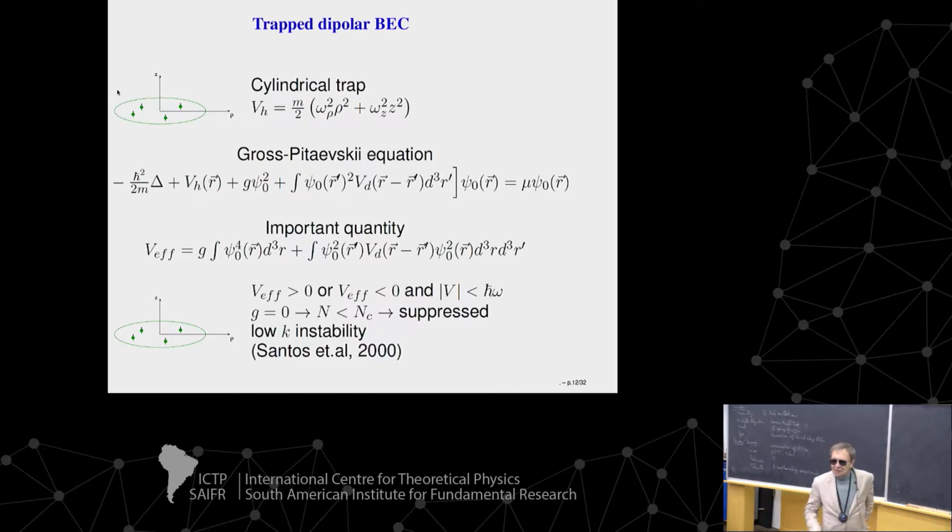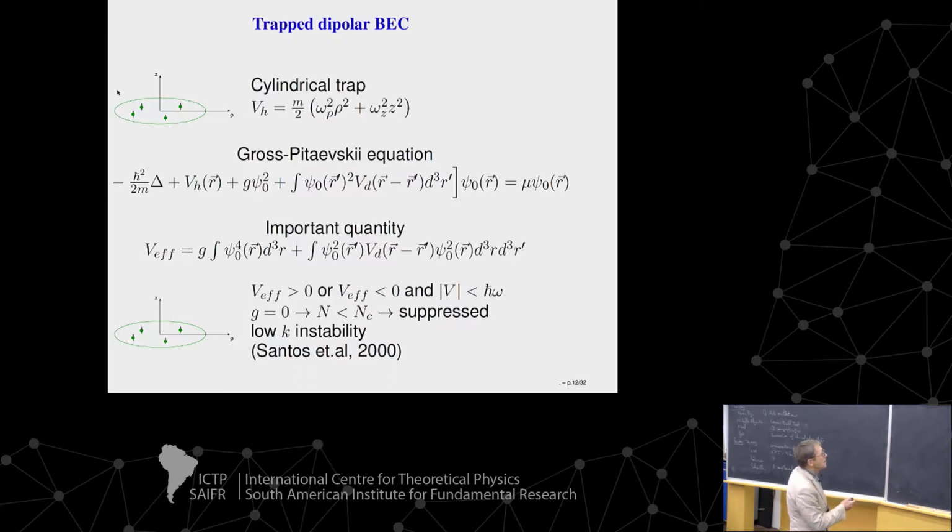But before calculating the shape of the condensate wave function, it's important to understand what the important quantities are here. The first important quantity is the so-called effective interaction between particles, which is just the interaction potential multiplied by psi0 to the power of 4. So this is g psi0 to the 4 d3r. This is the contribution of short-range interaction, and this is the contribution of the dipole-dipole interaction.